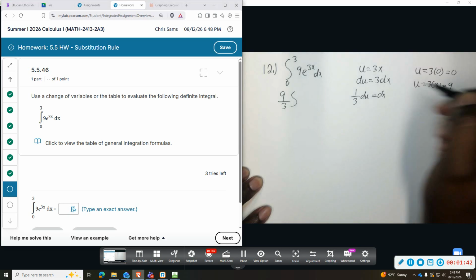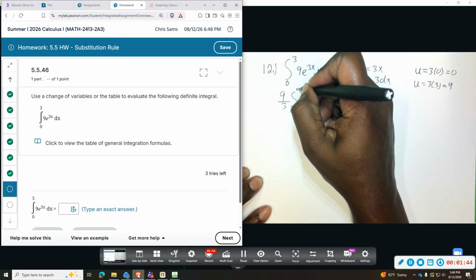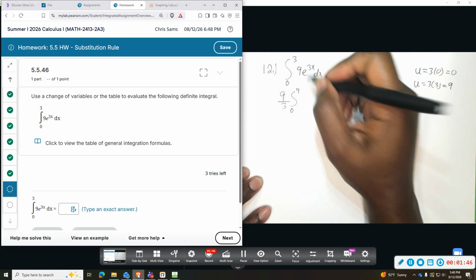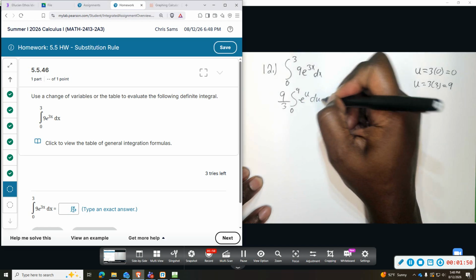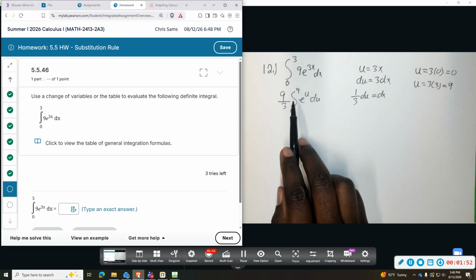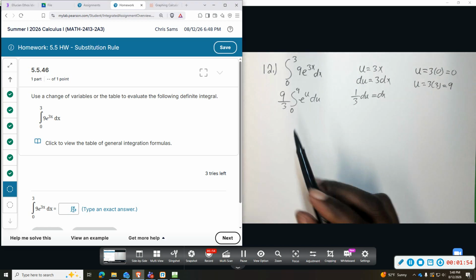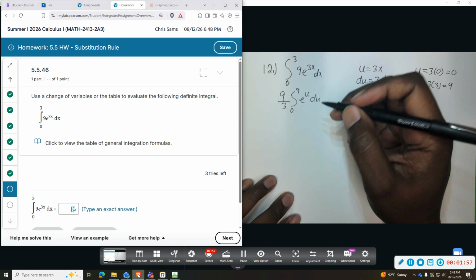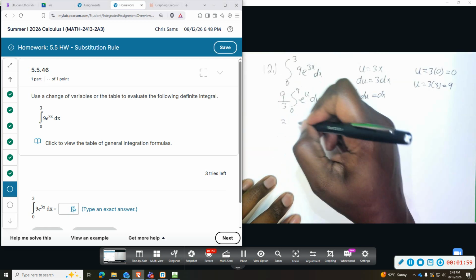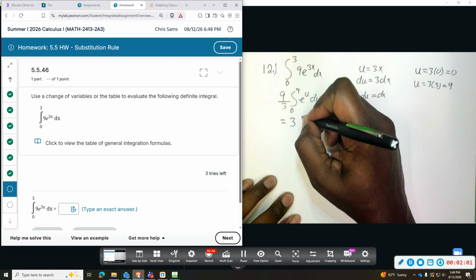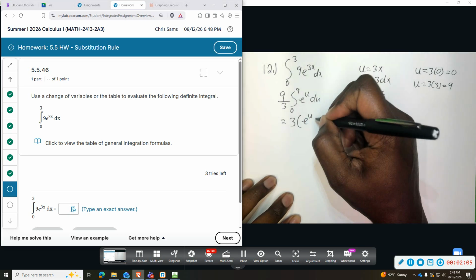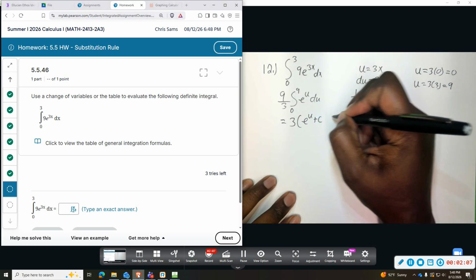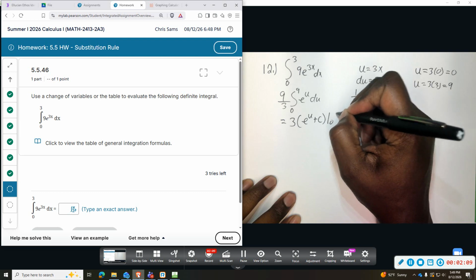Integral, my limits will be 0 to 9 now, and this will be e to the u du. Integral of e to the u is still e to the u. 9 divided by 3 is 3, so we are getting 3 times e to the u plus c, evaluated from 0 to 9.